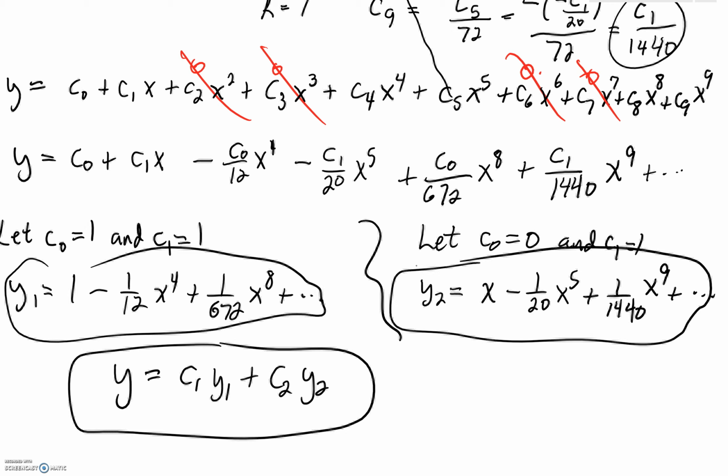So yeah, when you get this big mess, just make one of the constants disappear at a time, and good things will generally happen. So for our assignment, let's say on page 230, we'll do 27, 29, 31, and 33. Good luck.